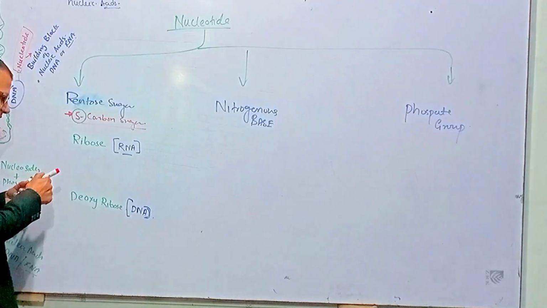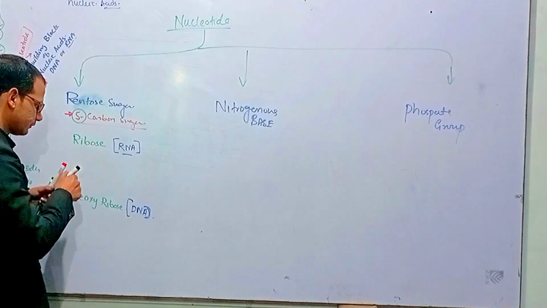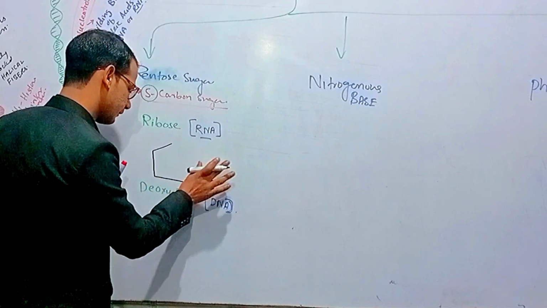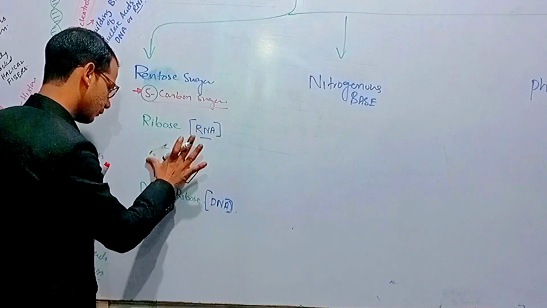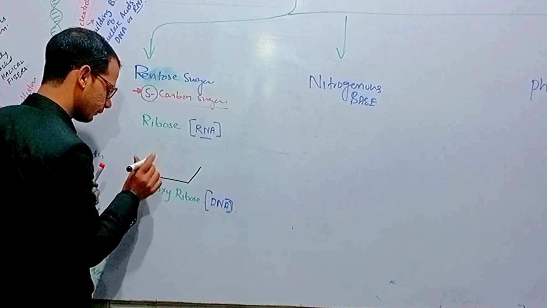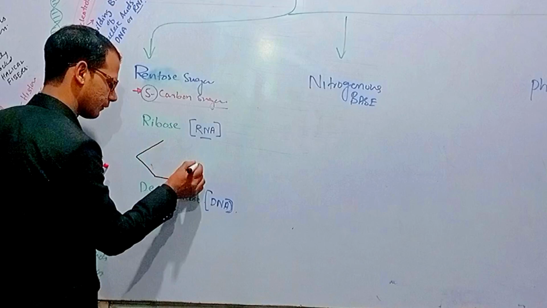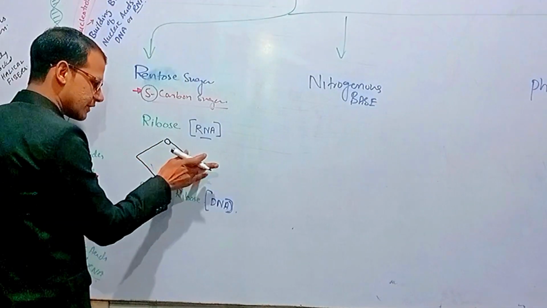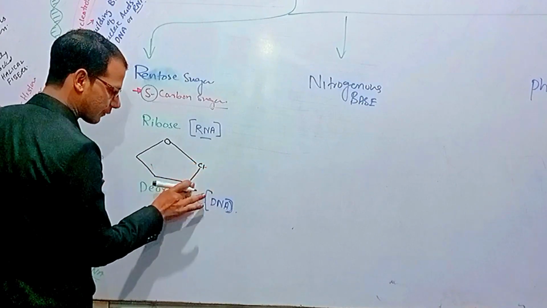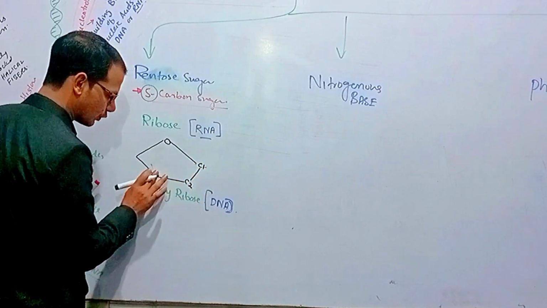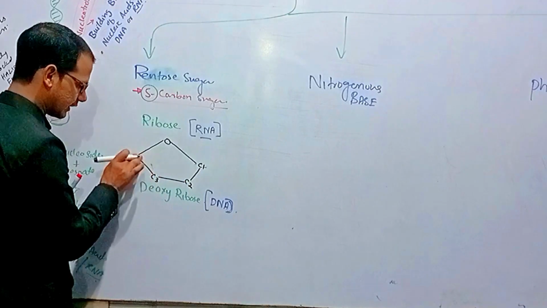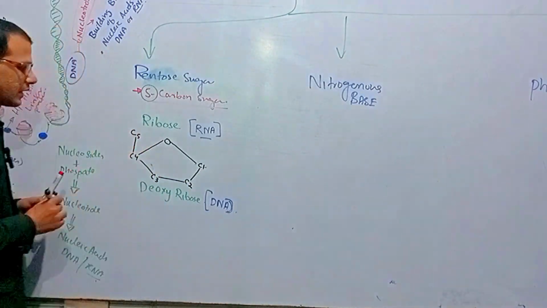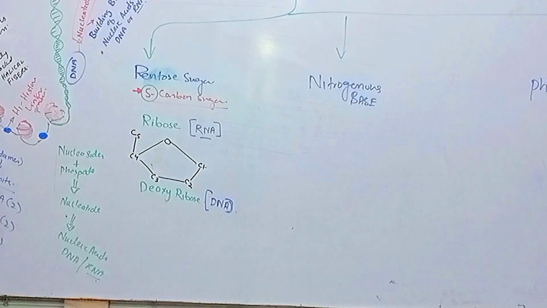Right? For example, we have a 5 carbon ring. This is carbon number 1, carbon number 2, this is carbon number 3 and this is carbon number 4, and this carbon 4 is attached to carbon number 5.